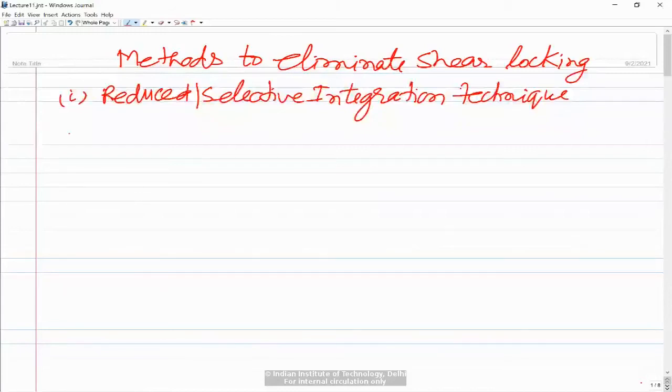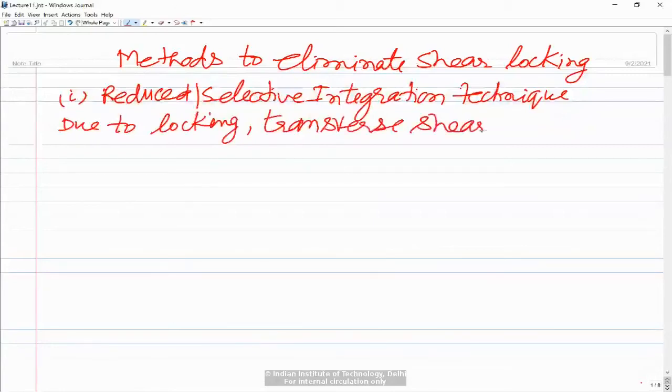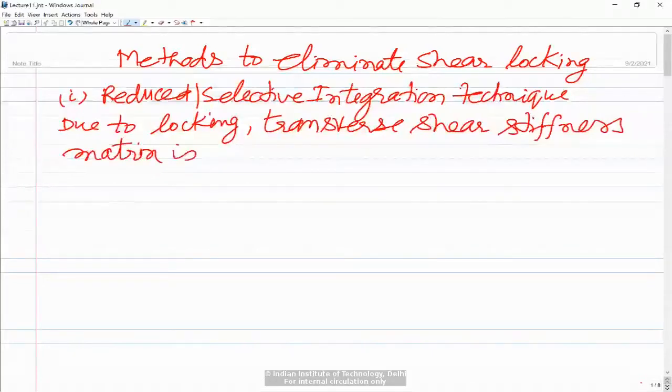So what is happening exactly in locking? Due to locking, the transverse shear stiffness matrix is overestimated. Overestimated means that it happens when we do the full integration for thin problems.